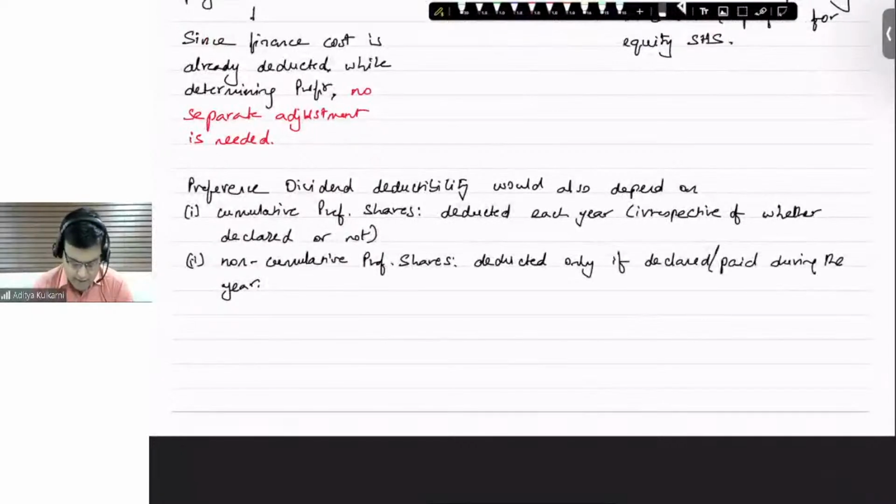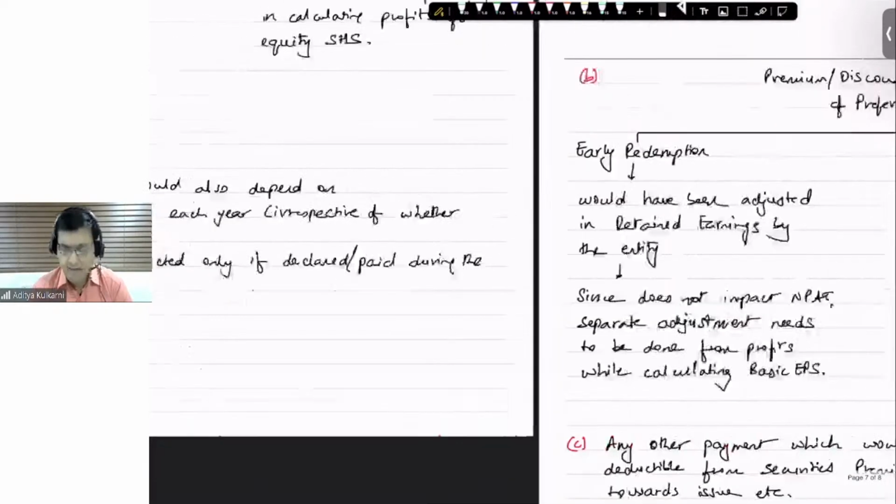Then we also saw cumulative and non-cumulative preference shares. Cumulative, every year dividend accrues, so it will be deducted irrespective of declared or not. Then we move to non-cumulative. It will be deducted only if declared or paid during the relevant year under question.